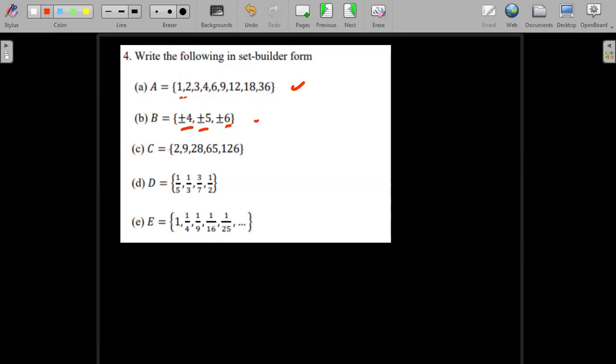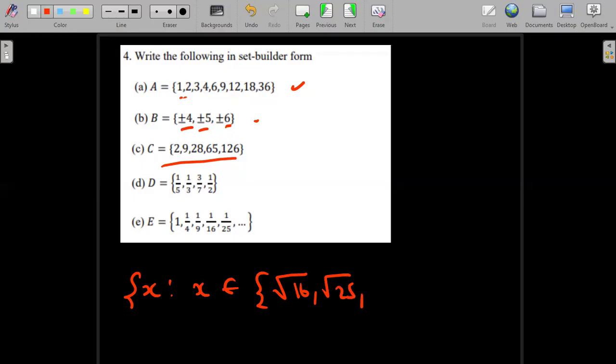Okay, let's do this one. This part B here, or if you want, you could have written it as the set B such that X is a member of the set that has the roots of 16, root of 25, and root of 36, and X is an integer.